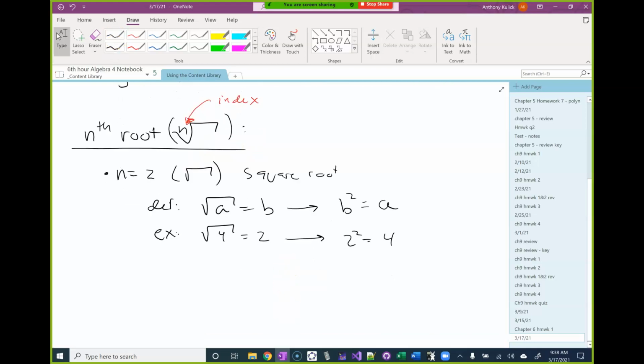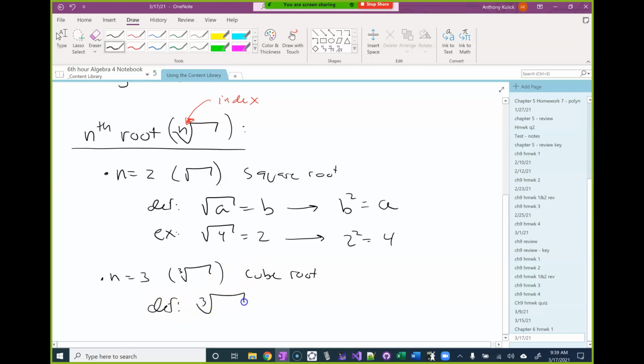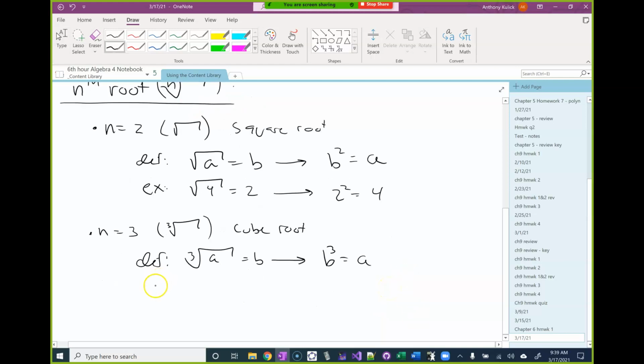Now, another one that we've talked about ever so briefly when we talked about some of these factoring things is a cube root. What we mean by that is if the cube root of a is equal to b, that means b to the third is equal to a. And the place we had seen that before is in previous chapters when we were trying to factor sums and differences of cubes.